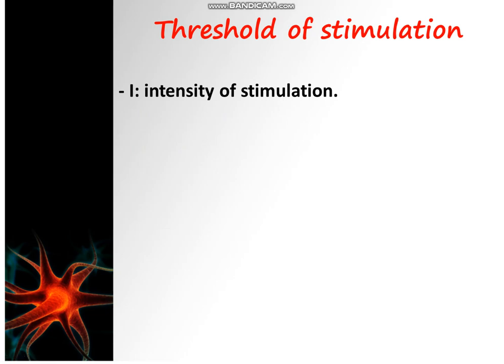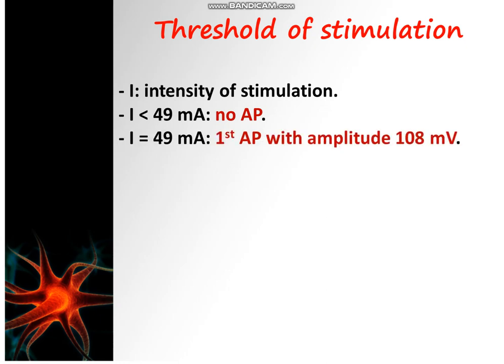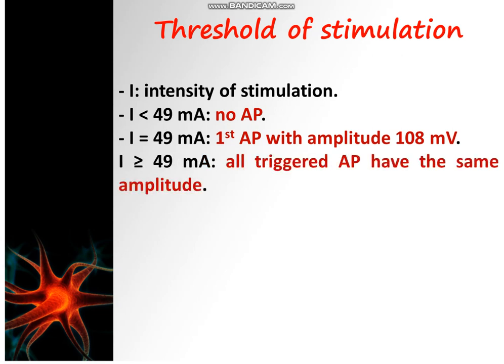So in the video, if we consider that I represents the intensity of stimulation, for intensities less than 49 milliampere, no action potentials were triggered. At the intensity I equals 49 milliampere, the first action potential with amplitude 108 millivolt was triggered, and for all intensities greater than or equal to 49 milliampere, all triggered action potentials have the same amplitude.